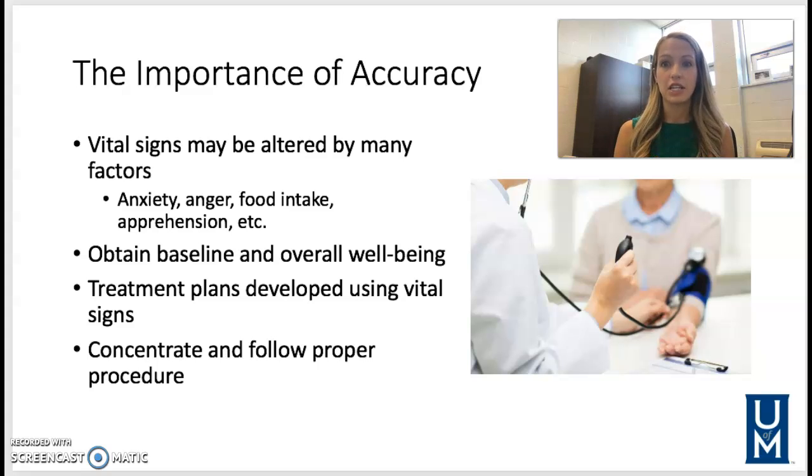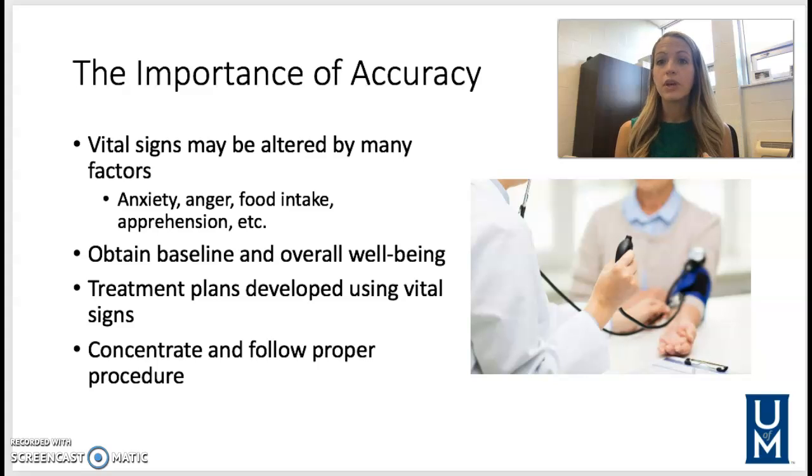So accuracy. We want our vital signs to be completely accurate because the providers use these vital signs to create a plan of care for these patients. So they need to be correct. And lots of things can alter our vital signs. If we're angry or really anxious, if you've ever heard of white coat syndrome, or if we've just eaten a large meal, things like that can affect how our vital signs are reading.